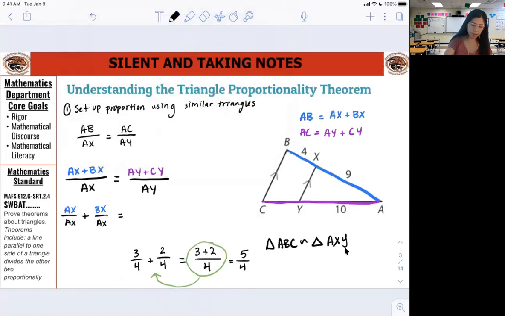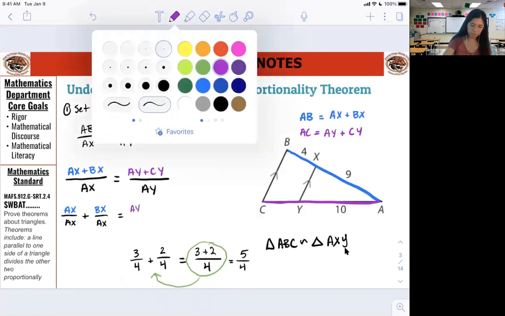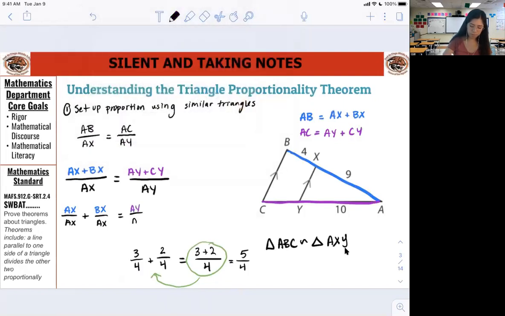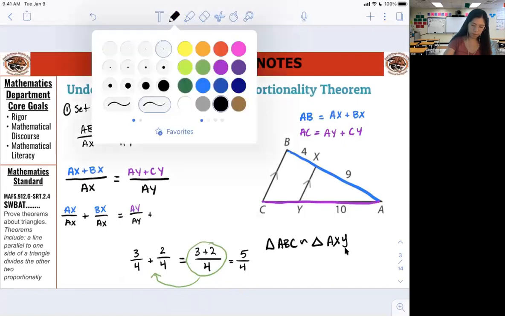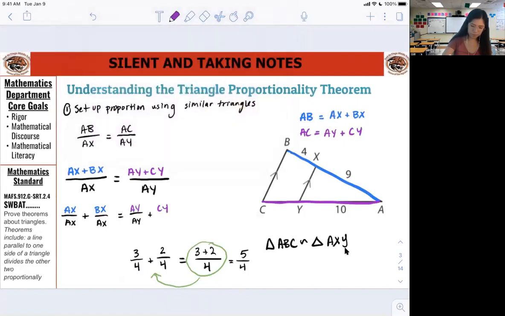AY over AY, oops, not equals, plus CY over AY. So does anybody have any questions on how I split that fraction up?